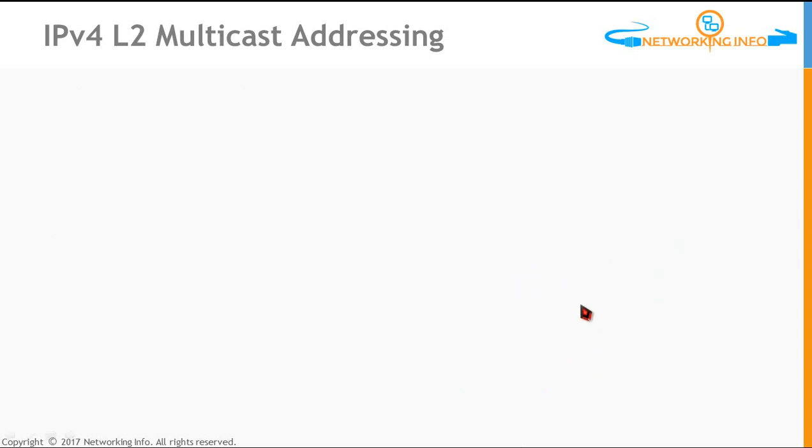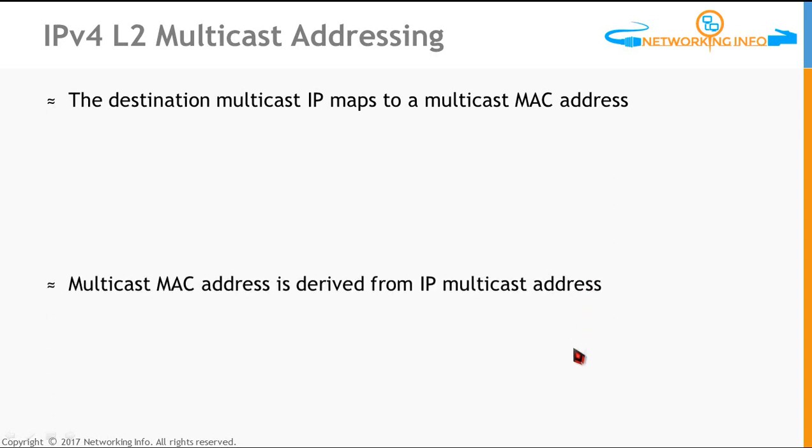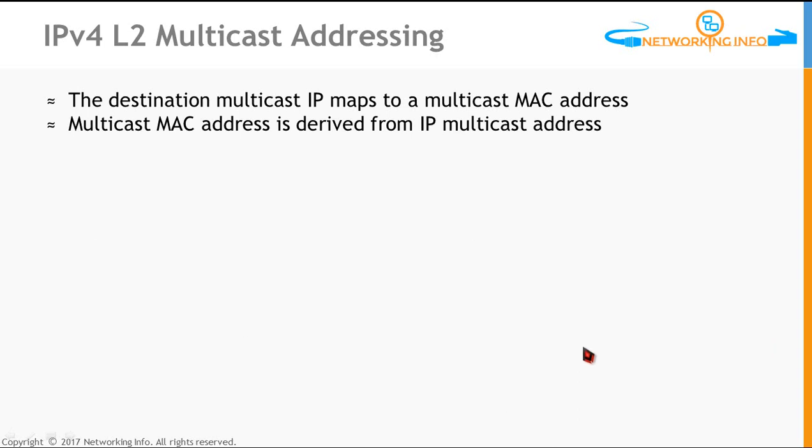Now we have layer 2 multicast addresses as well. A layer 2 multicast address derives from a layer 3 multicast address. So there is a mapping mechanism between layer 2 and layer 3 IP addresses. How does it happen? We can understand that as well. There are some rules we need to think about.